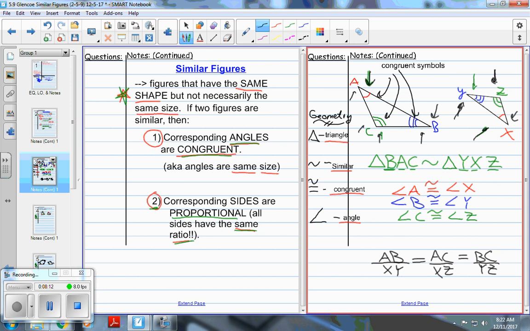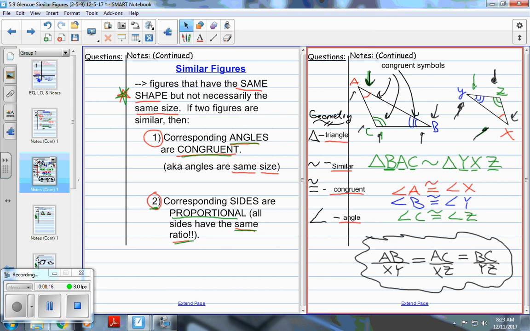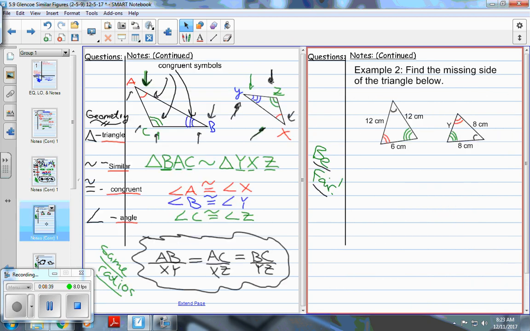But what's really important here is that when you have similar figures, the sides have the same ratios. So these are the ratios. So whenever we're given two sides or one side on a figure, and then they give us a number on another side, and they tell us one other number, we can actually use this ratio to solve for the missing side. And we're going to have an example 2 here. Go ahead and pause down and copy down what you see.